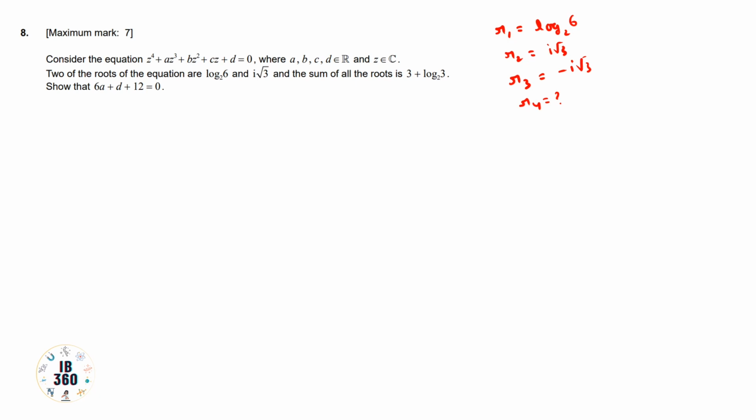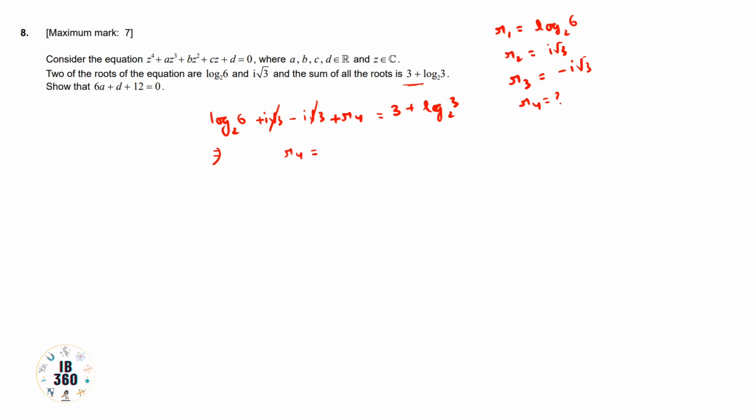From here, as you can see, the sum of all roots is given. So as the sum of all roots is given, from here we can find the fourth root. So we can write log base 2 of 6 plus i root 3 minus i root 3 plus R4 is equal to the addition of the roots, 3 plus log base 2 of 3. So from here we cancel this out.